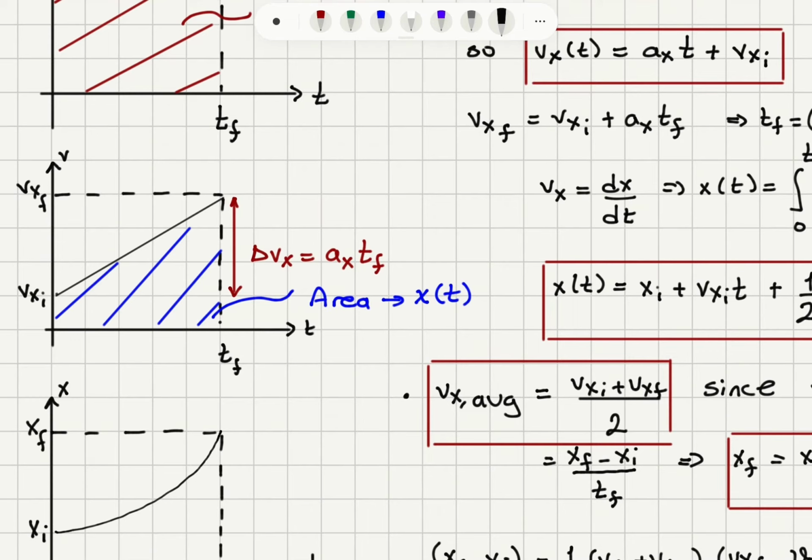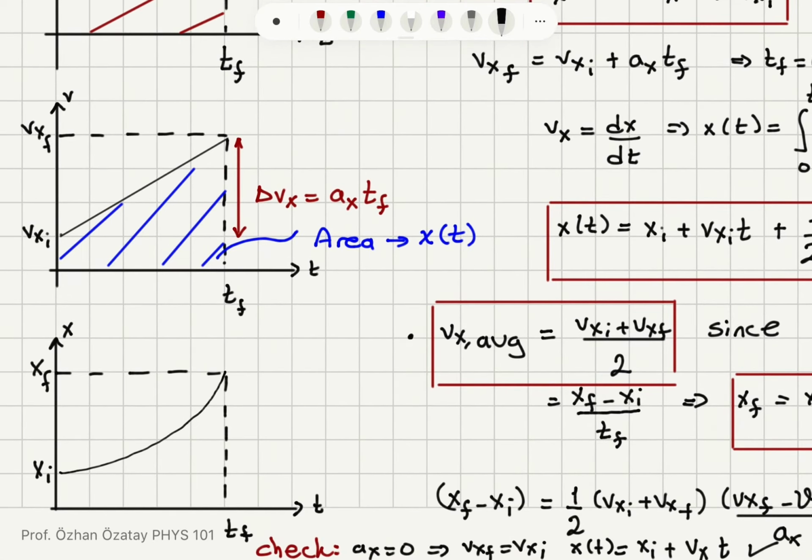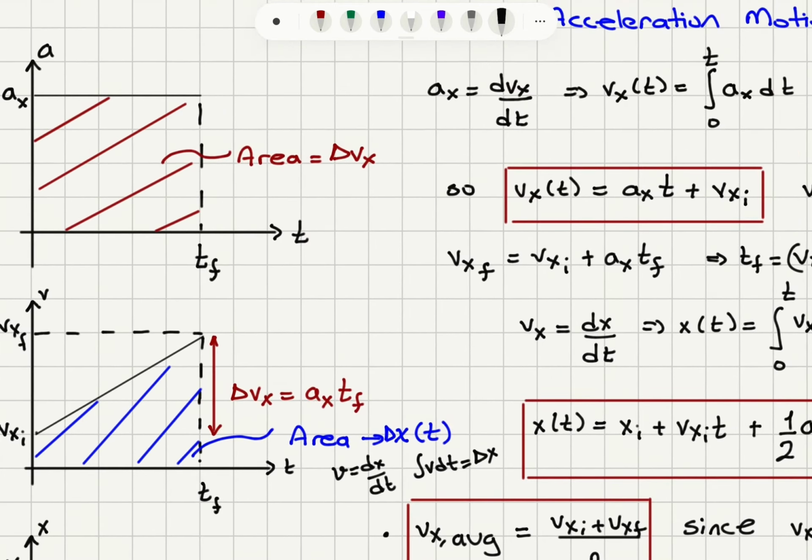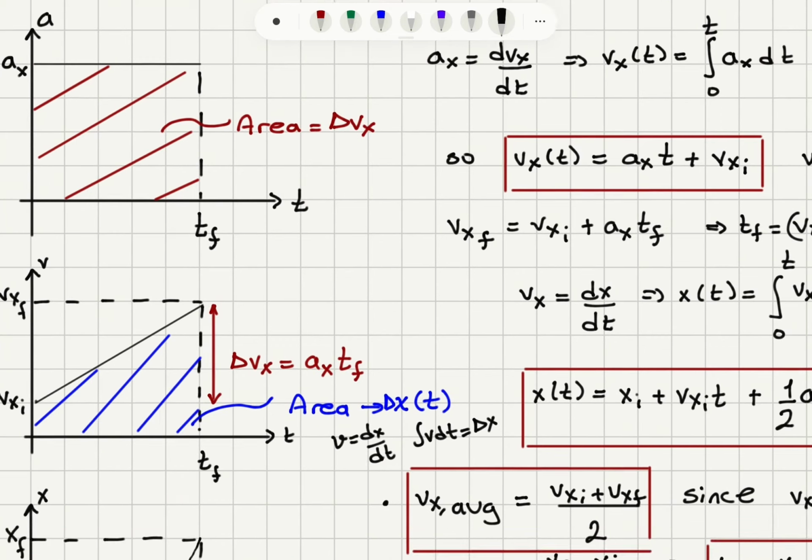And the area under the velocity versus time plot will give me the change in the position, delta x, because basically the instantaneous velocity is equal to dx dt. So if you calculate the area under the velocity versus time curve, you will get delta x. So the area under the acceleration versus time curve gives us the change in the velocity.